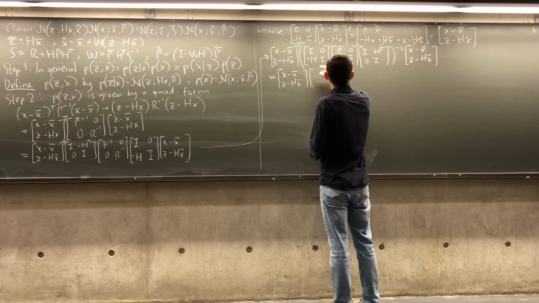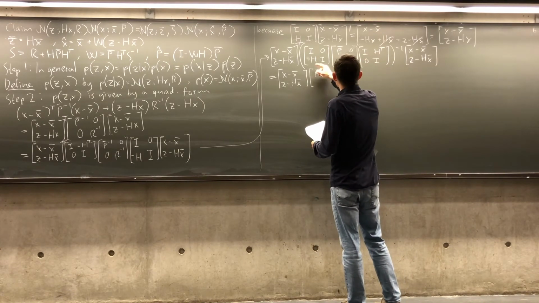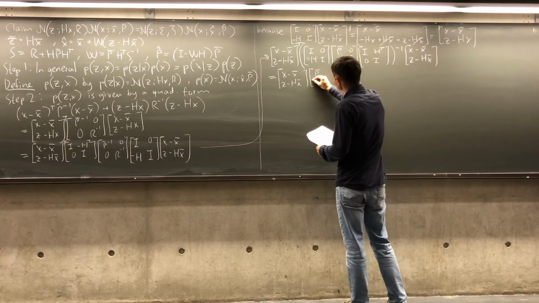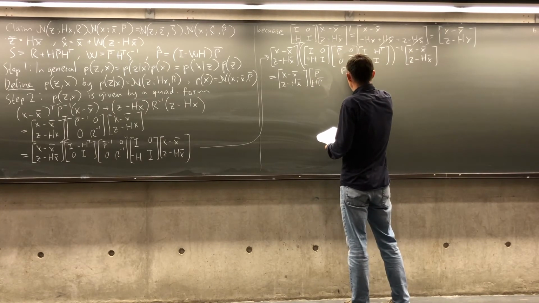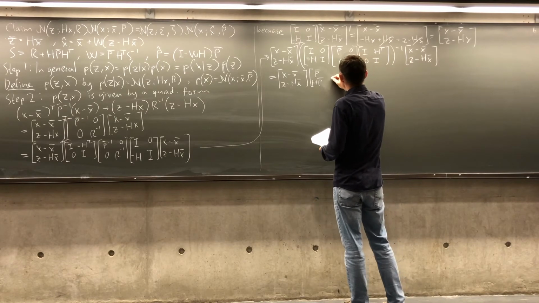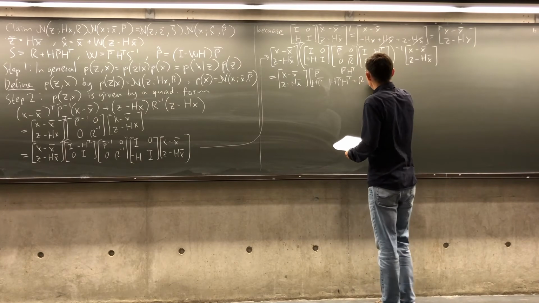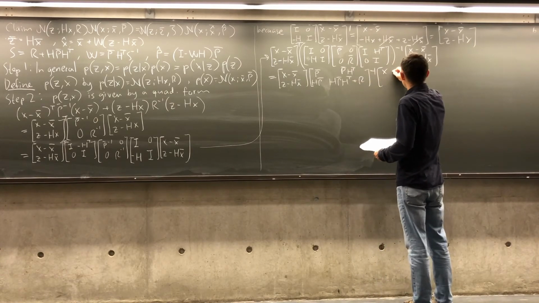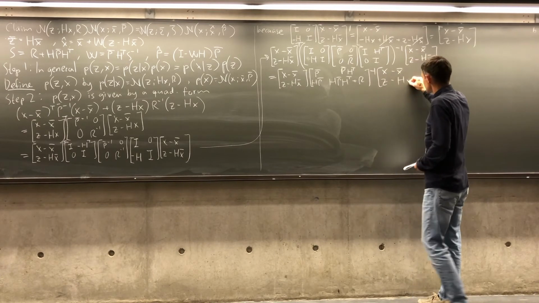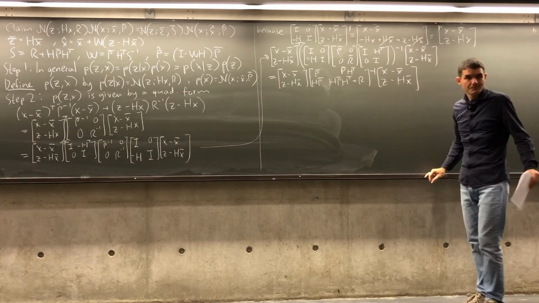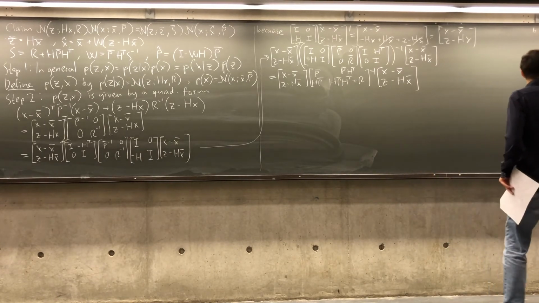And then I have I times P times A, so I have P bar there. Then I have H times P bar, H P bar. And then I have the opposite here, P bar H transpose. And I have H P H transpose plus R, the whole thing inverted, and x minus x bar, z minus H x bar.